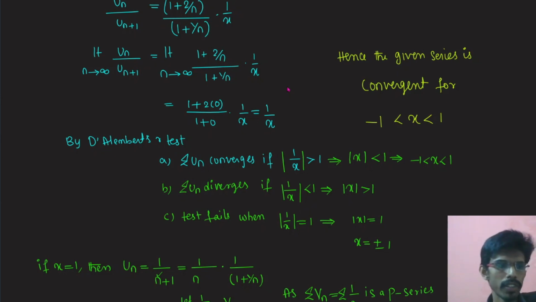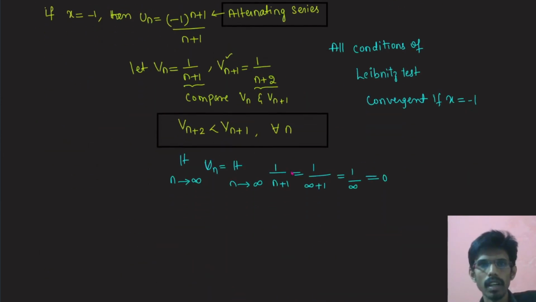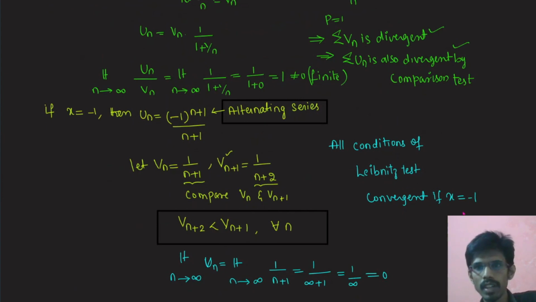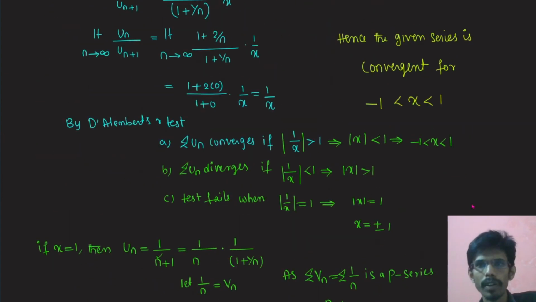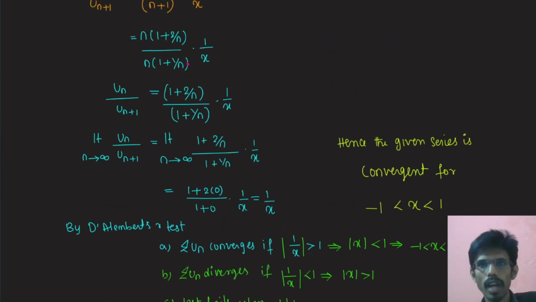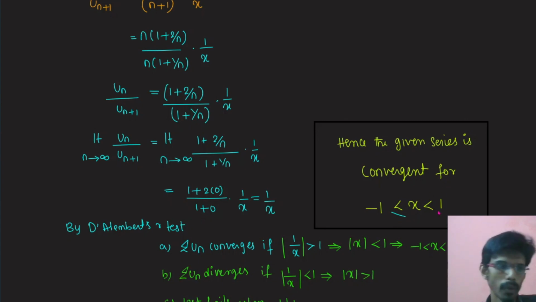So for convergence we have seen that by the Leibniz test it is convergent for x equal to minus 1, so it will include that here. For x equal to 1 it is divergent. So the given series is convergent for the interval minus 1 less than or equal to x less than 1. This is the interval.